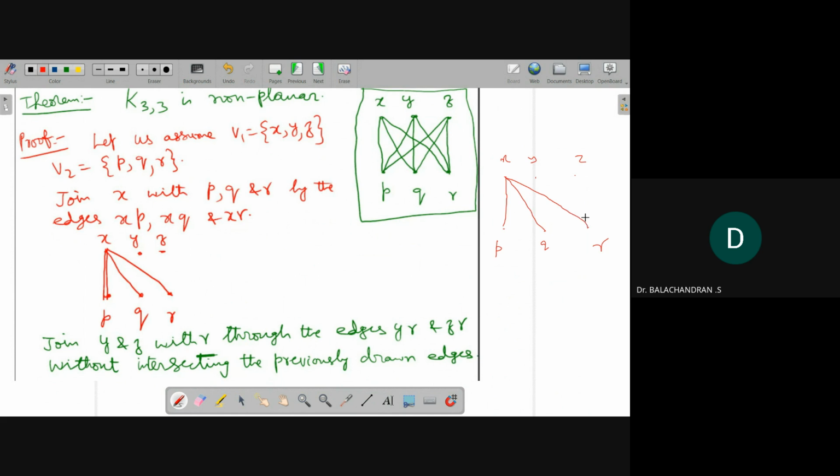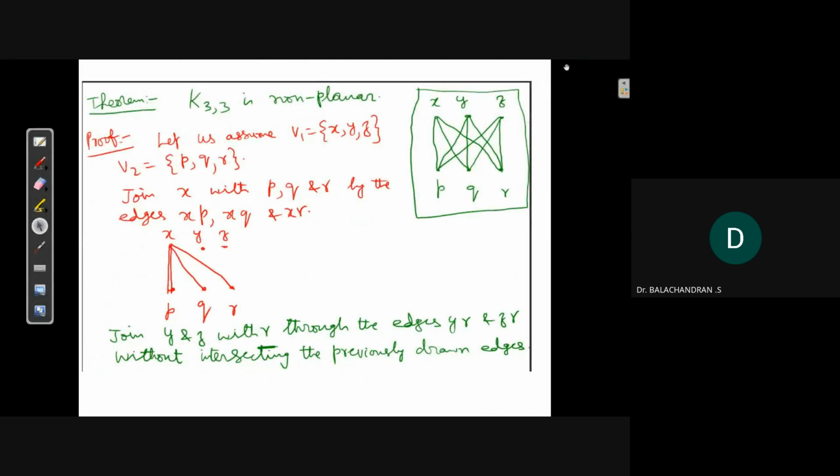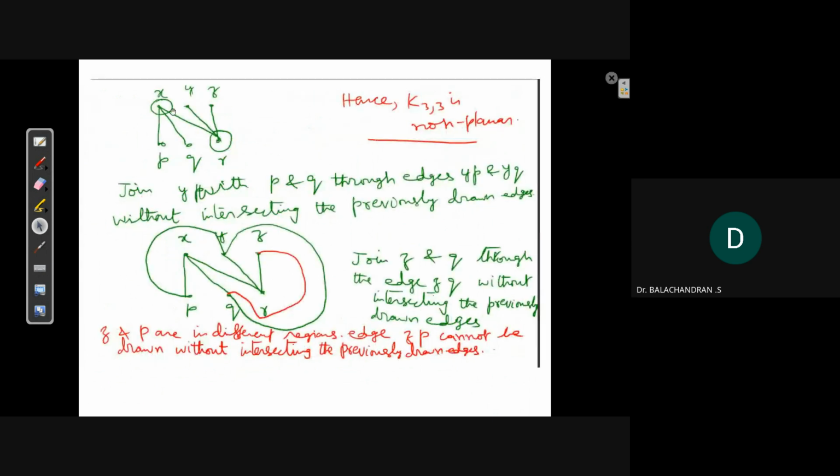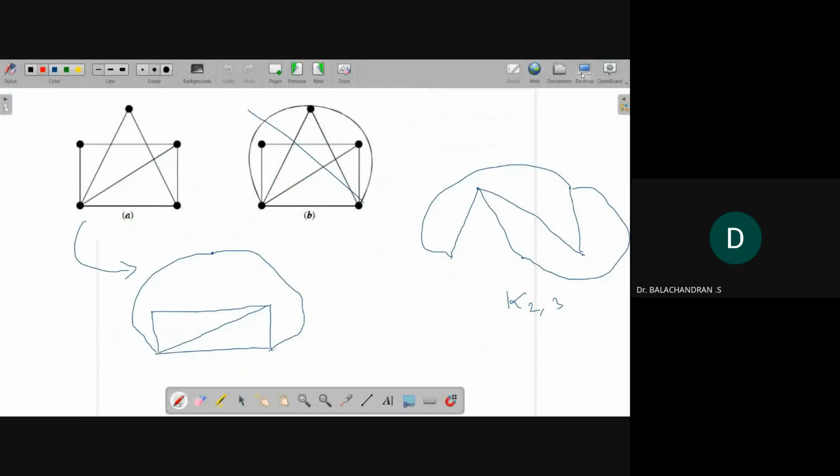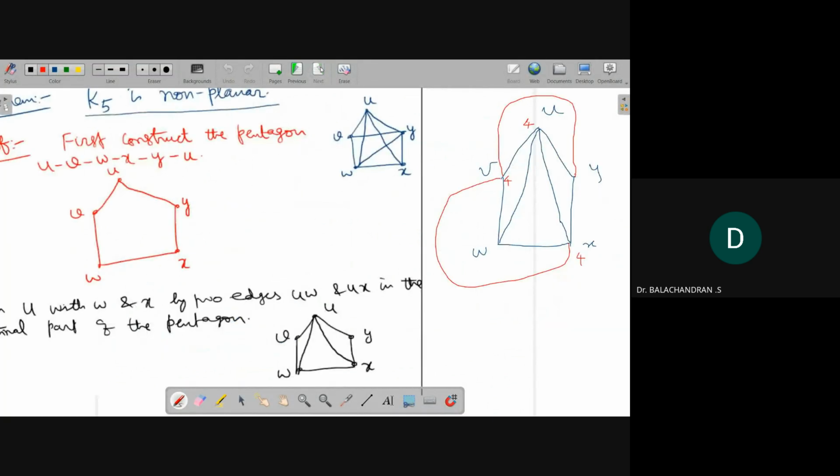The second step, I am going to join Y and Z with R through the edges YR and ZR. So in the diagram we can see. For each step, we should draw a new diagram. That is better, then it is very clear.